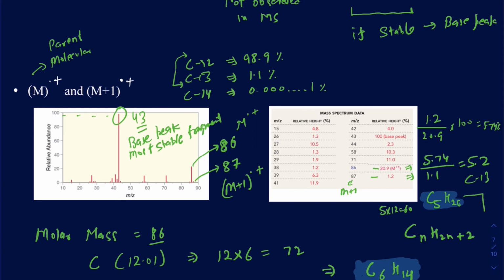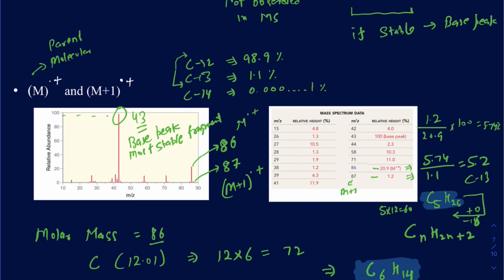And that's when you start thinking, okay, what if I add an oxygen atom? So if I add an oxygen atom here, then I've got to get rid of 16 atomic mass. What do I have to do?